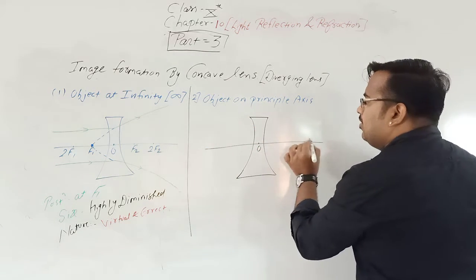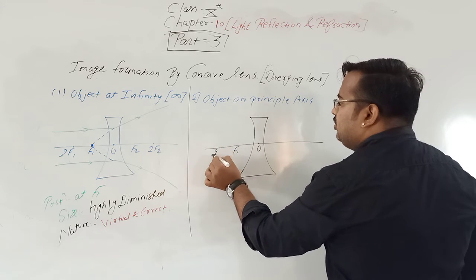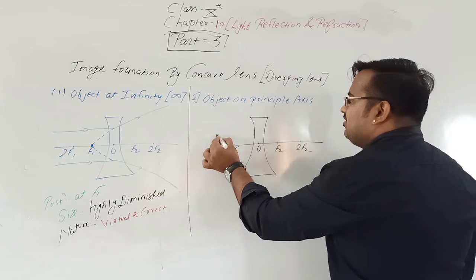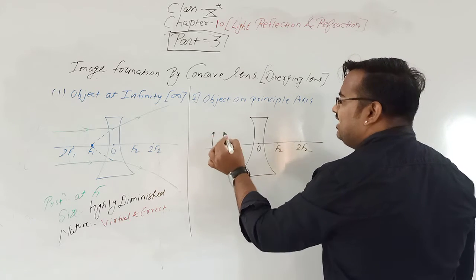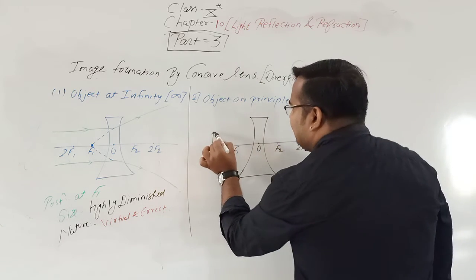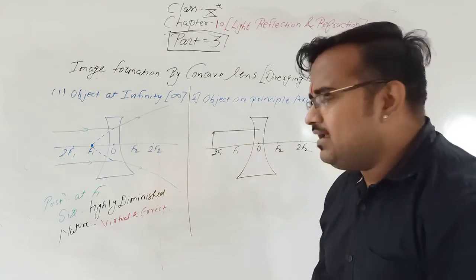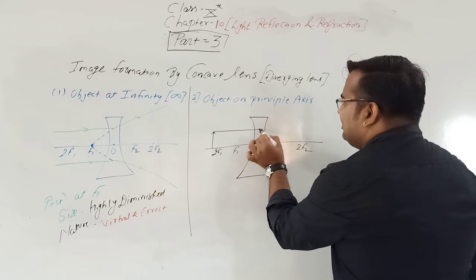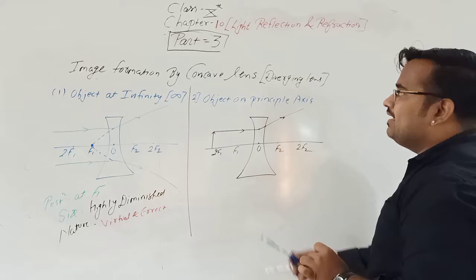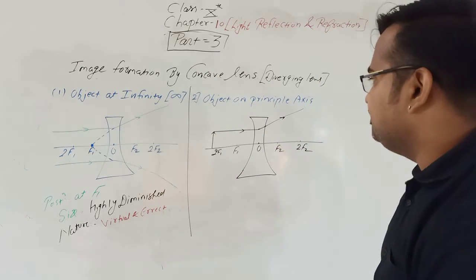Then in the case of object on principal axis: optical center, principal axis, F1, 2F1, F2, 2F2. If the object is beyond 2F1 or anywhere, according to the first rule, if the incident ray is parallel to the principal axis, it will diverge through some angle, because concave lens is a diverging lens.